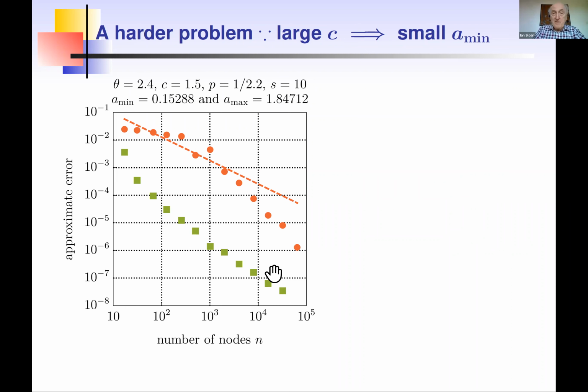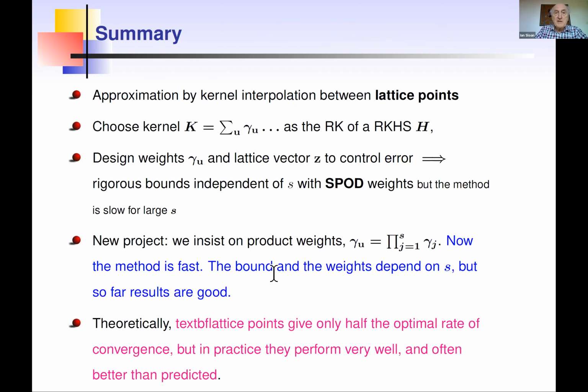It's a somewhat harder problem, but nevertheless, we can still do beautifully with it. So we tend to think that there is great promise in this as a method, as well as a sort of beautiful mathematics that underlies it. It has both qualities. And if I come now to summarize, the approximation, we're using approximation by kernel interpolation, using lattice points.